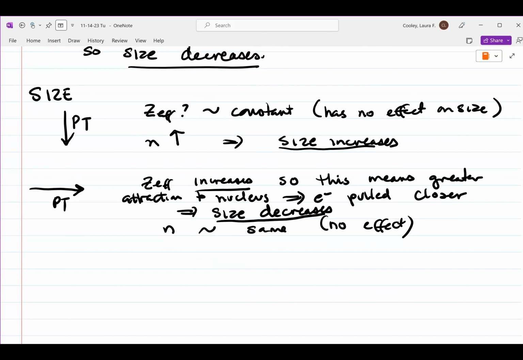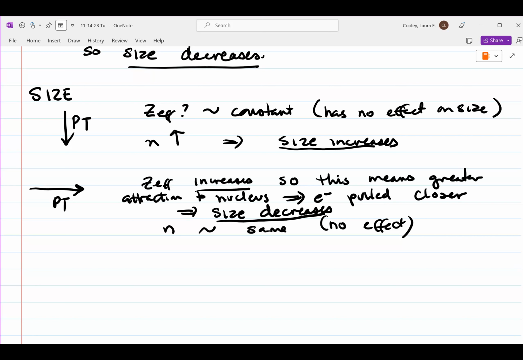This is hugely unintuitive because what's happening as you march across the periodic table? You're adding a proton to the nucleus and an electron to the outer shell, you're adding both a proton and electron. And yet, even though you're adding things, the size is getting a little smaller, which is cuckoo, right?